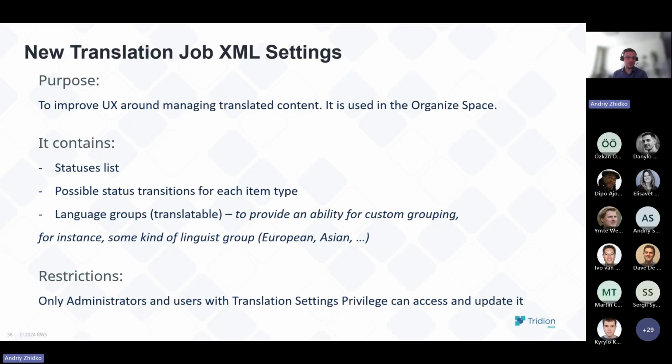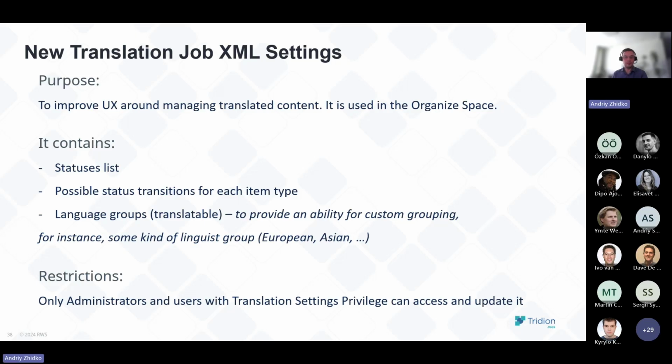Second, there is a possible status transition for each item type that is used on the translation items subtab of a translation job. It allows you to review your translation items, so target languages, and pass them through the translation workflow.